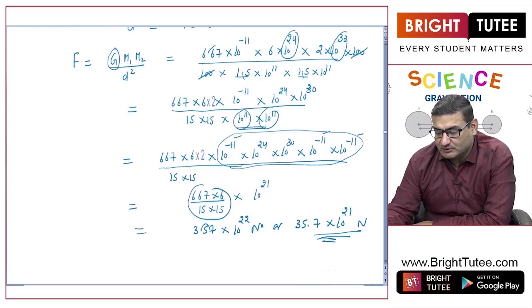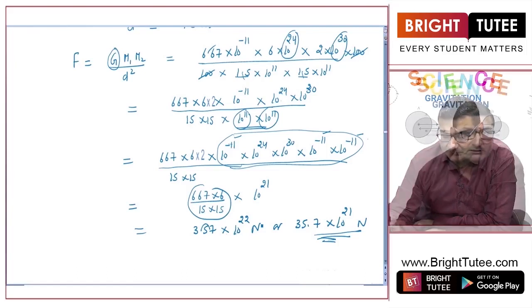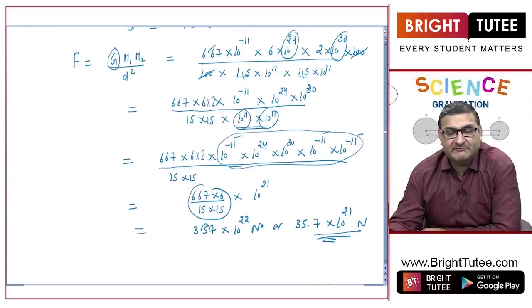Fine. So, this is all about the force of gravitation and the formula and the numericals based on it. The force that is exerted between any 2 objects in the universe: the formula given to calculate that force of attraction was F is equal to G m1 m2 upon d square.